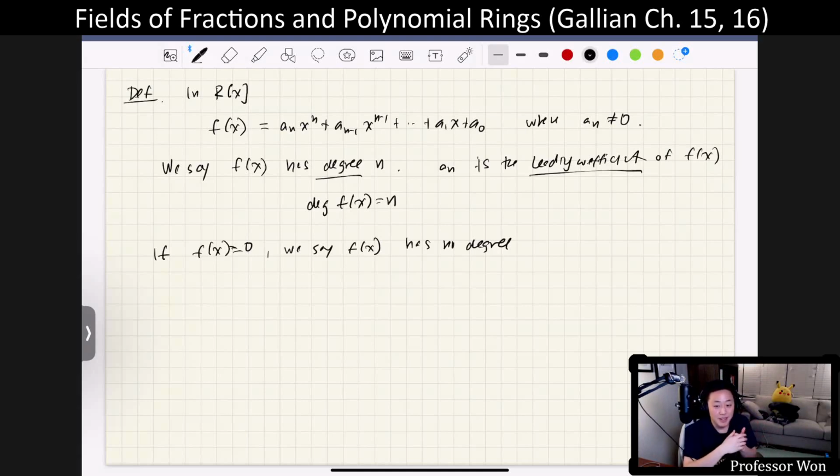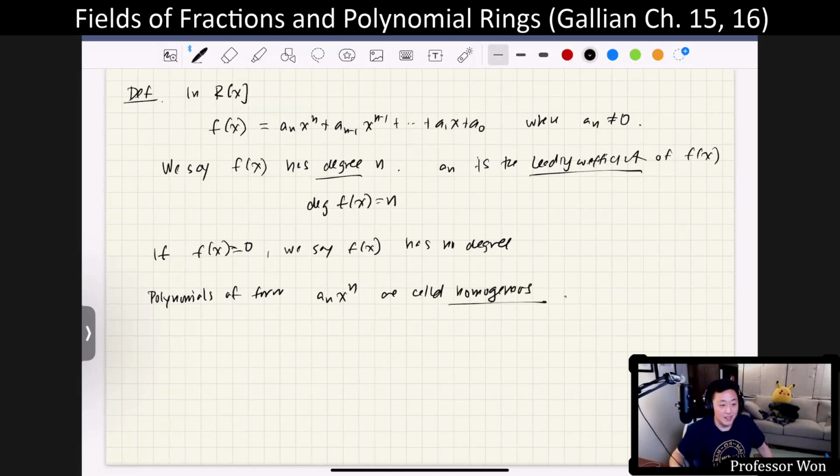For example, it's very useful to say that, actually, let me make one definition first. Polynomials of the form just a single term, x to the n, are called homogeneous of degree n.